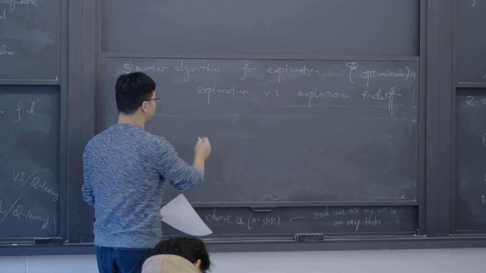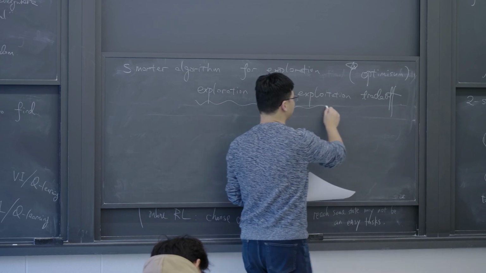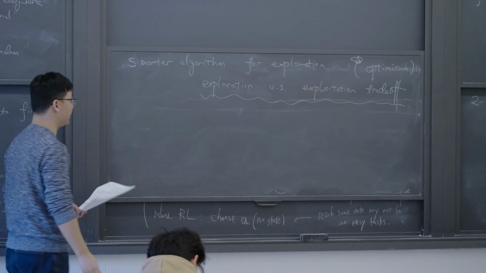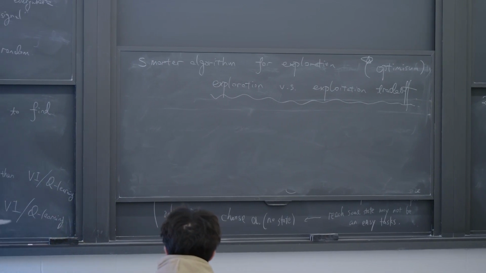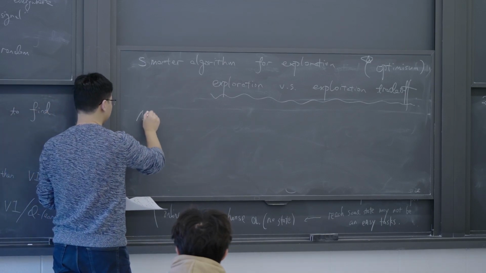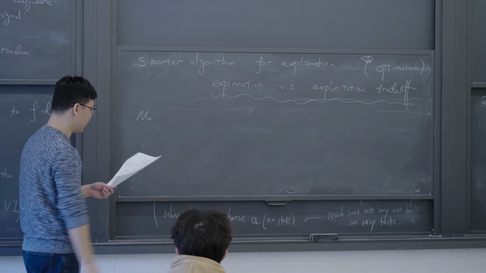If we really want to talk about the exploration and exploitation trade-off, it's better to start with a simpler model, so that we can talk about what the algorithm is and what the phenomena are. It turns out in the literature, there's a field which has studied this trade-off for a very long time.